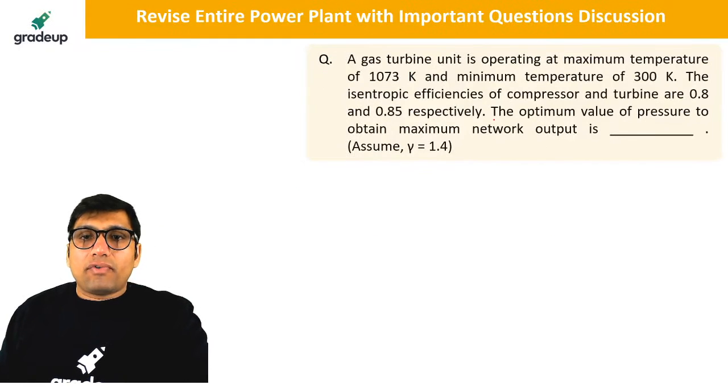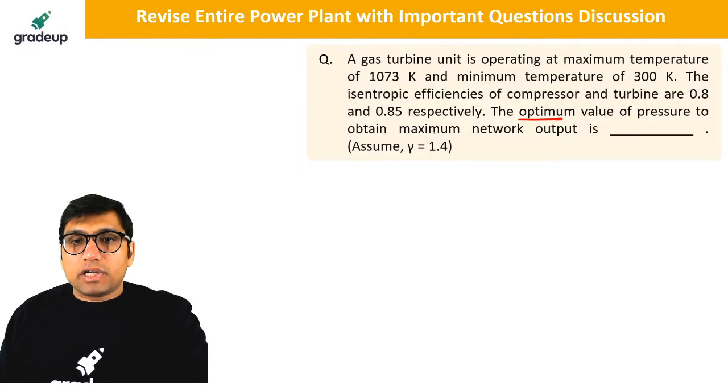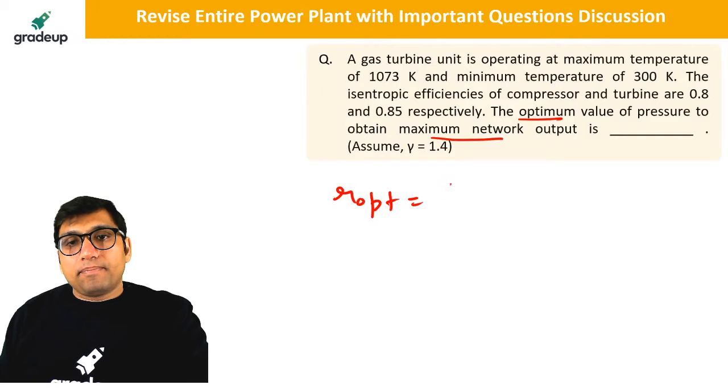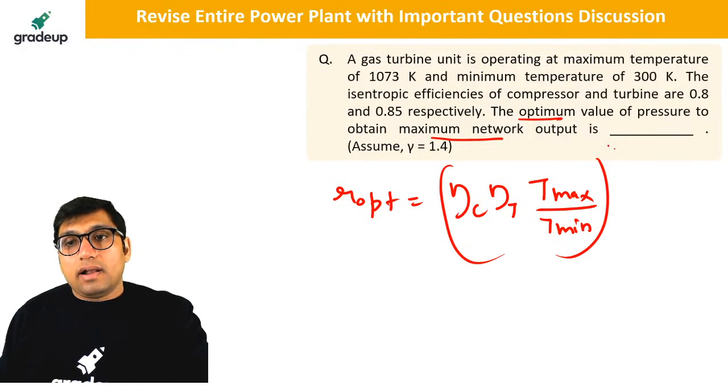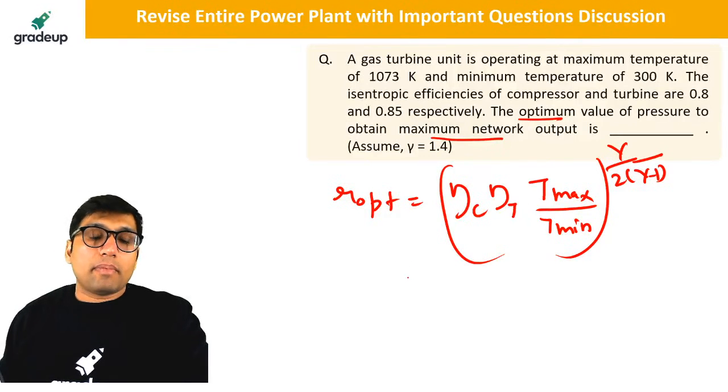In this question you have to find the optimum value of pressure to obtain maximum work. This will be (compressor efficiency times turbine efficiency times maximum temperature divided by minimum temperature) to the power gamma over 2(gamma minus 1). This will be the formula for the optimum pressure ratio. So it is very simple.